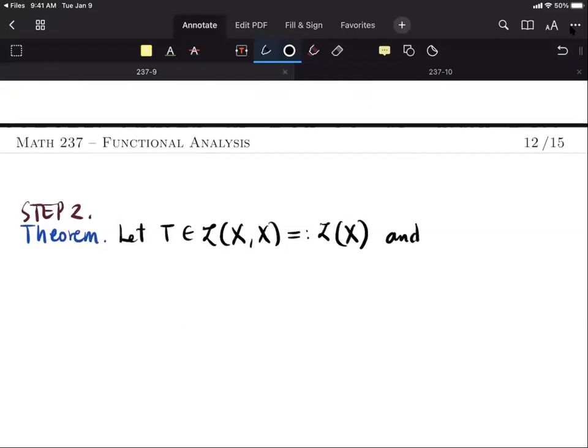And suppose that the limit superior as m goes to infinity of the norm of T^m raised to the power 1/m is strictly less than 1.